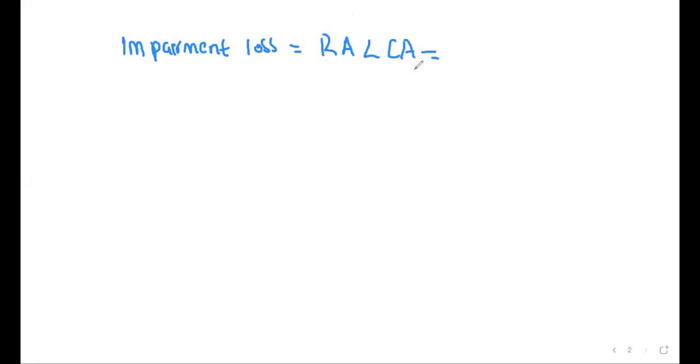So the difference is going to be impairment loss. So your question is when the recoverable amount is more than the carrying amount. So you want to know what you call that one? Yes. We call it impairment loss reversal.